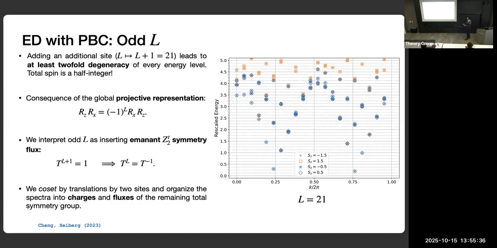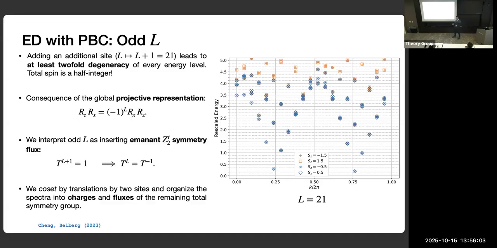Now with an odd number of lattice sites, we notice that actually the momentum is also shifted by pi/2. And somehow I want to interpret the case of odd number of sites as inserting a Z2T emergent symmetry flux at low energies. The lattice intuition is a bit sketchy, but it comes from some algebra like this.